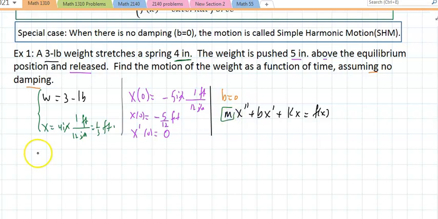Well, we find m by saying w equals m g. The weight is 3 pounds. Since we're dealing with feet, the gravity is 32 feet per second squared. So m is 3 divided by 32.